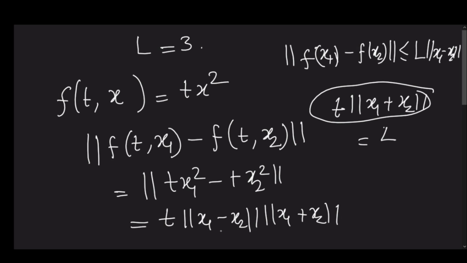So basically for f of t comma x1 minus f of t comma x2, you are finding the rate of change of the function, and the whole idea behind Lipschitz is that the rate of change of the function is less than the rate of change of its argument.